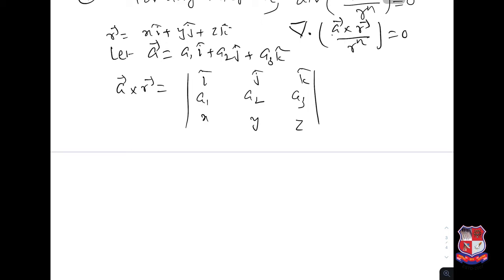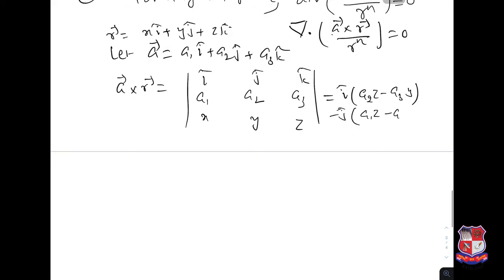That is equal to i (A2z minus A3y), then minus j (A1z minus A3x). Better we take the minus sign inside. Then plus k (A1y minus A2x). So this is our A cross R.